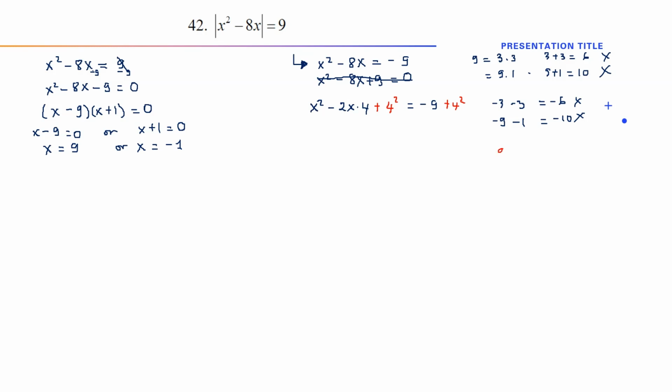The formula is a squared minus 2 times a times b plus b squared equals a minus b all squared. So this one will be x minus 4 squared equal 16 minus 9. And 16 minus 9 is 7.